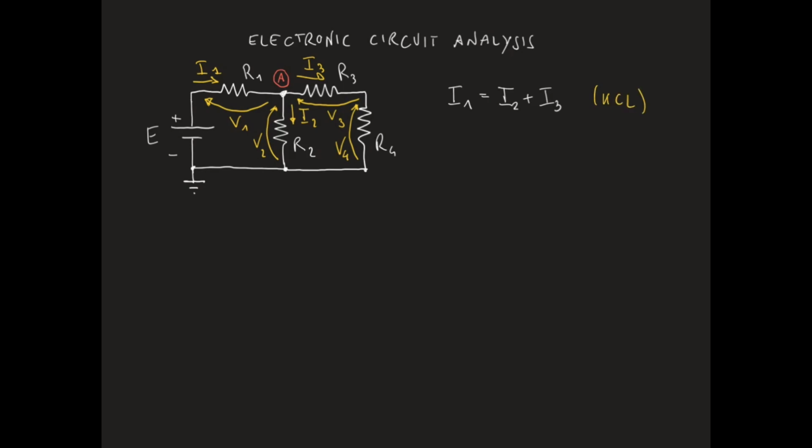Then, choosing the conventional direction of travel in loop number 1 and in the second loop, we can write the Kirchhoff's equations for voltages: E equal to V1 plus V2, and V2 equal to V3 plus V4.